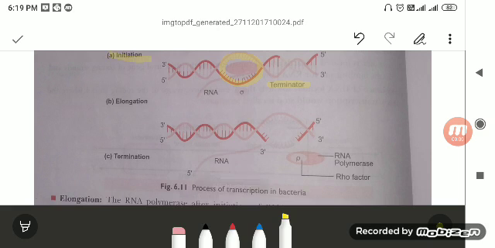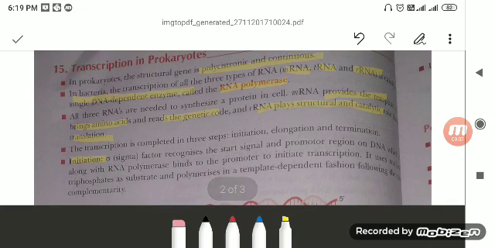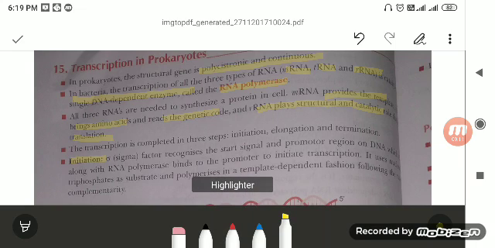So we are having the initiation, elongation, and termination. One by one we are going to discuss that. Sigma factor recognizes the start signal as a promoter, the promoter region on the DNA, which along with RNA polymerase binds to the promoter to initiate the transcription.